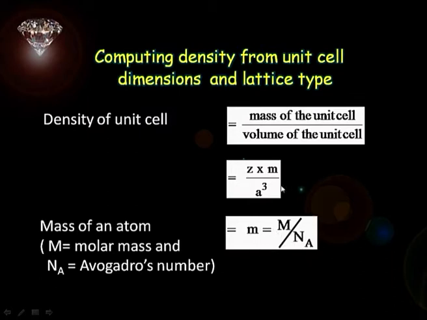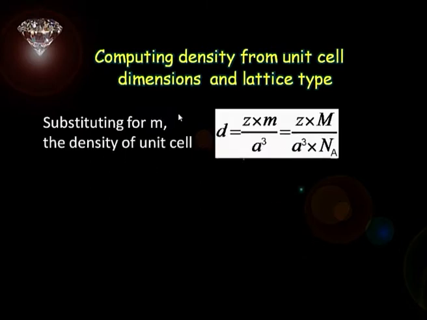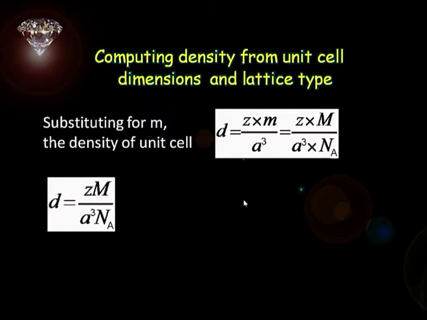If I substitute for m, I get the density equal to Z into capital M, that is the molar mass, by a cube Na, which we can write as the formula d equals ZM by a cube Na, with the terms as explained earlier.